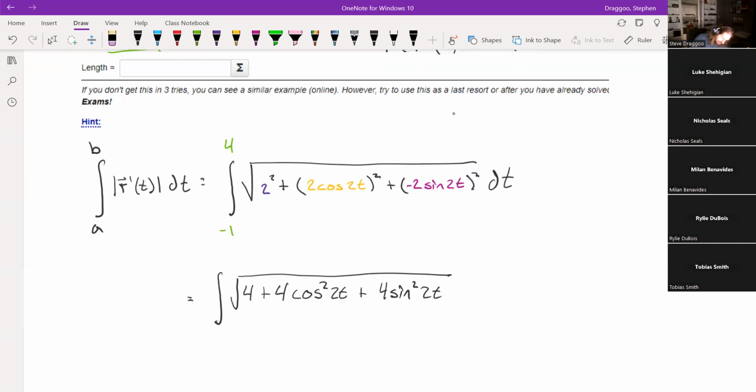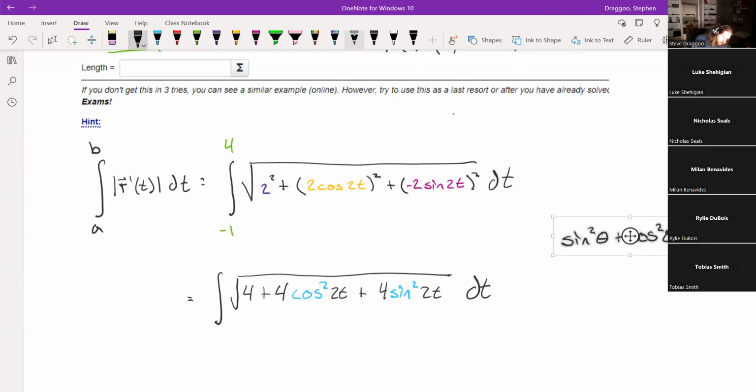Throw a dt in at the end, and then notice the holiest of the holy trigonometric identities. We've got a sine squared plus a cosine squared going on. So don't forget our Pythagorean identity, sine squared of theta plus cosine squared of theta is equal to 1.